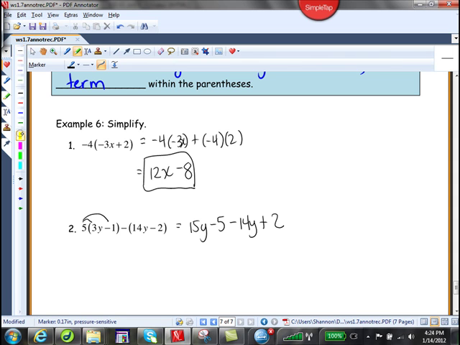So this ends up being equivalent to this guy. Okay? And of course, this one was equivalent to this. Alrighty. So now we've got some like terms. 15y's minus 14y's is 1y. And then negative 5 plus 2 is negative 3. So we'll get y minus 3.